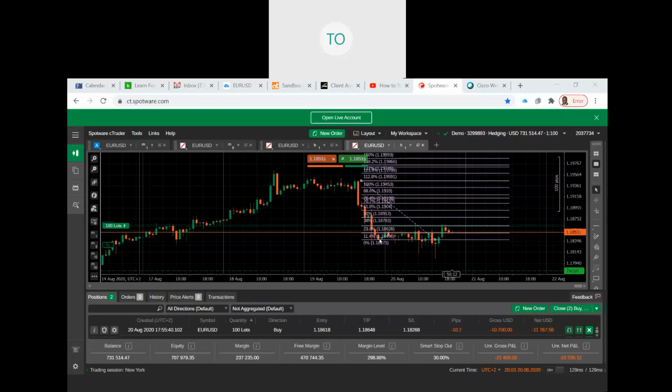Ideally, it is used to tell you, if this market is to retrace, meaning it comes from up, comes down, and then retraces itself, the significant areas along its retracement path.